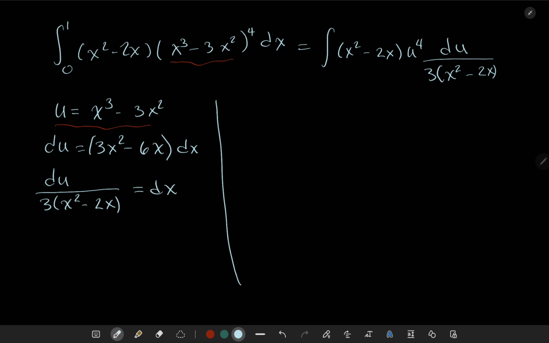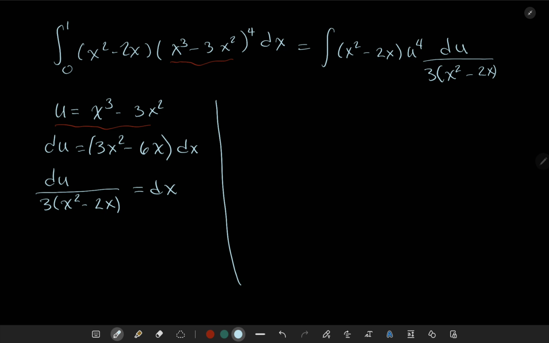However, I still have to address my endpoints. I cannot write 0 to 1 because those are the endpoints of the interval over which I'm integrating with respect to the x variable. However, I'm changing my variable to u, and now I'm integrating with respect to u, not with respect to x.